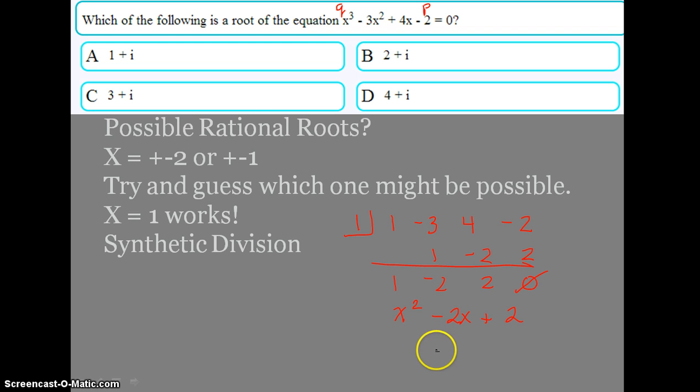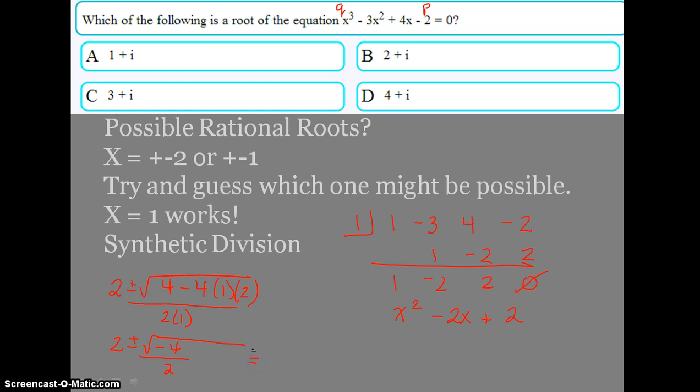And now I'm going to use the quadratic formula to get the final roots of the equation. So I've got the opposite of b, plus or minus the square root of b squared, minus 4 times a times c, all over 2 times a. Now as we simplify this, we get 2 plus or minus the square root of, this is 4 subtract 8, which is -4, all over 2.